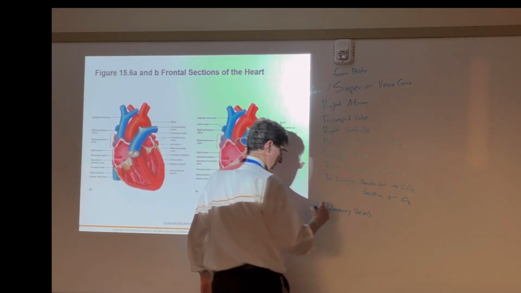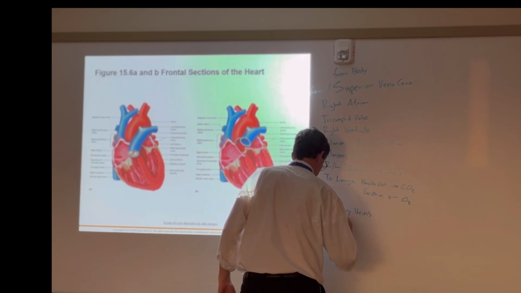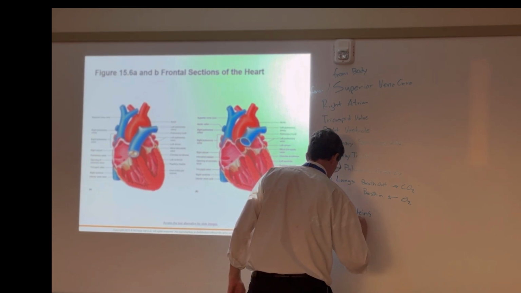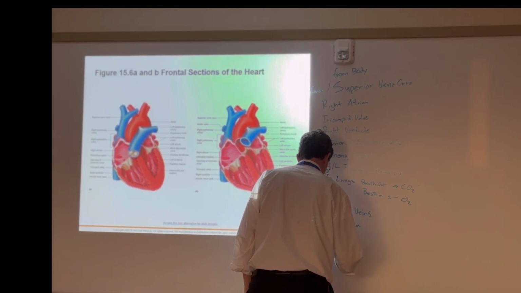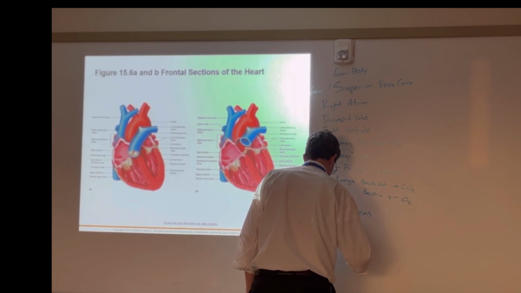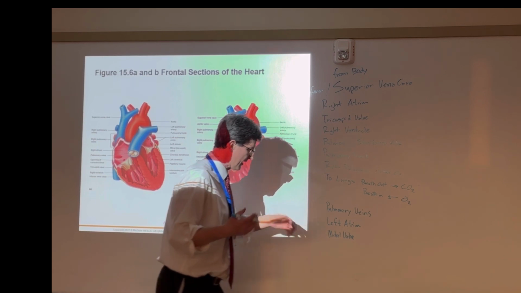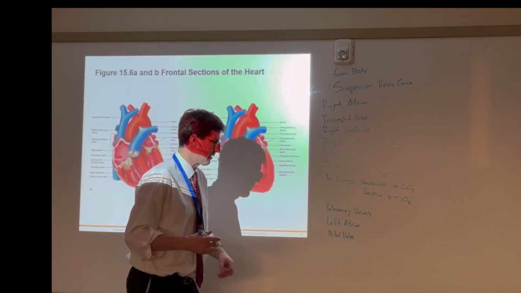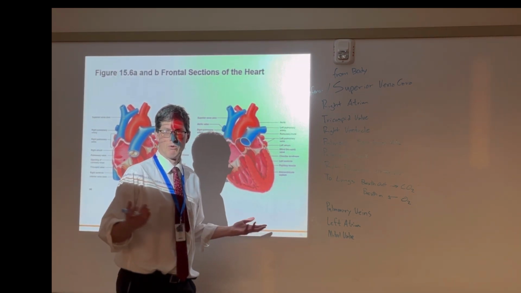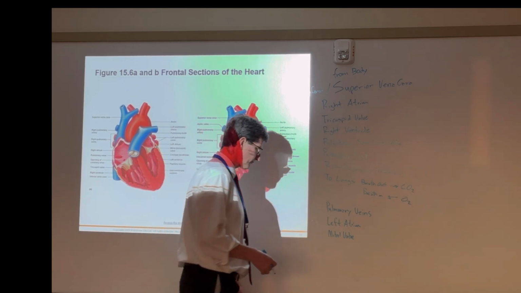The left atrium. Good job. And then you go through a valve. Mitral valve. Good. And in most places, mitral and bicuspid, most people would know both of those names.